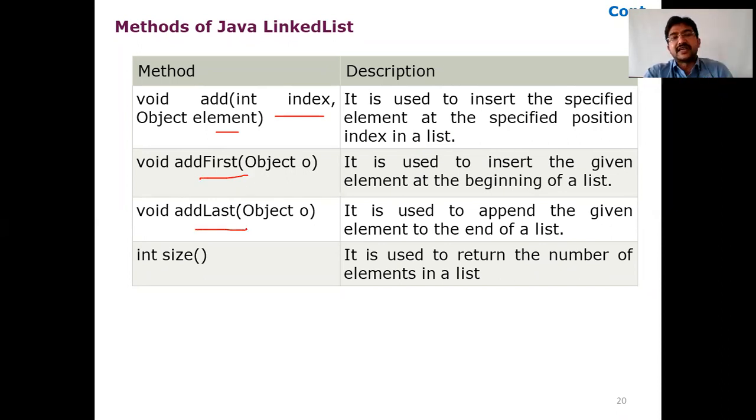If you want to insert at the last, you can use addLast. To know the size of the list, you can use the size method. We have these two more methods, addFirst and addLast, and also with the help of the index we can add wherever we want in the list. Not only at the first or last, we can also insert in the middle wherever we require.